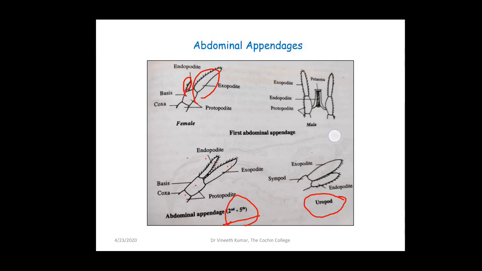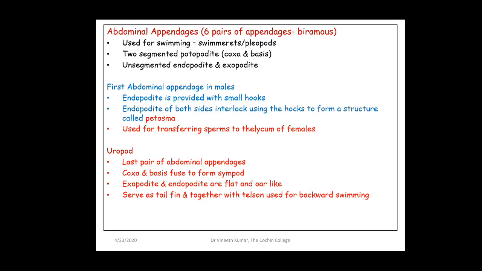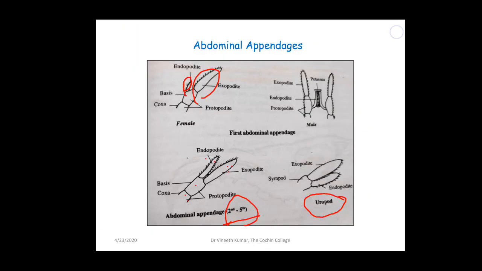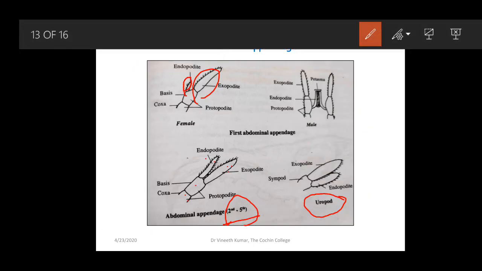Coming to males, the first appendage is special: the endopodite of the first abdominal appendage has many setae on both sides. The setae interlock and form a tube-like structure.